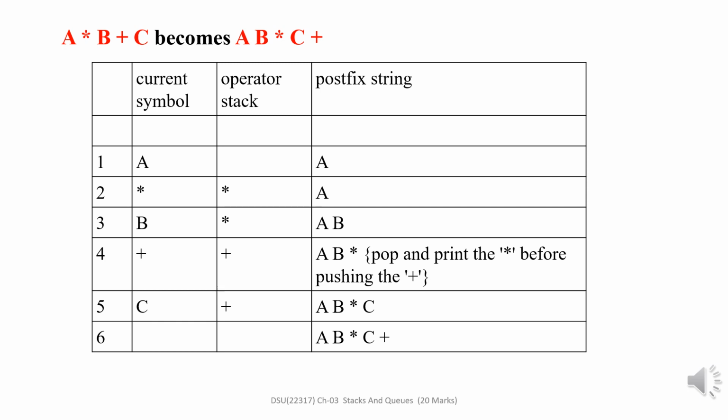Then the operator *, multiplication, goes on the operator stack and the postfix string stays as it is. Then b, an operand, goes to the output, giving a b. Then plus: as multiplication has a higher precedence, pop multiplication, and plus is inserted into the operator stack. So a b *, then c, giving a b * c, and lastly the plus.